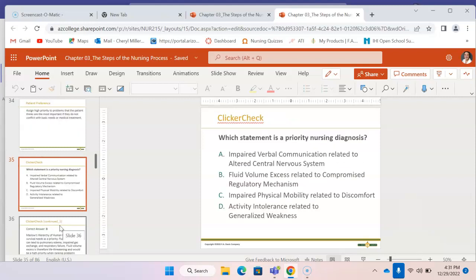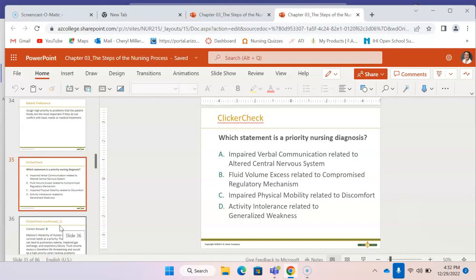The question: which statement is a priority nursing diagnosis? Priority, priority, priority. So think about it. Priority, life-threatening: impaired verbal communication related to altered CNS, central nervous system. Fluid volume excess related to compromised regulatory mechanism, too much fluid.